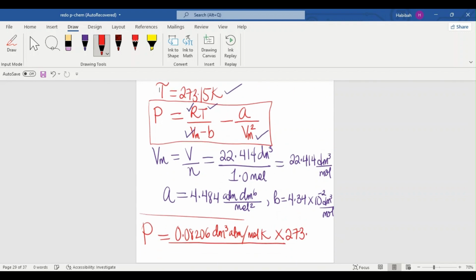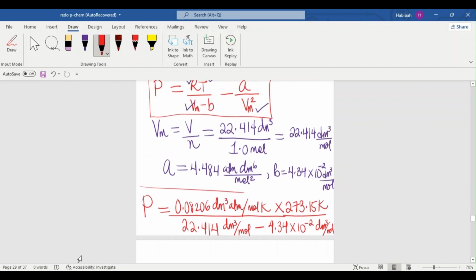All of that information divided by Vm minus B. So the molar volume 22.414 dm cube per mole, minus the value for B, which we know to be 4.34 times 10 to the power of negative 2 dm cube per mole. So that is the other one.